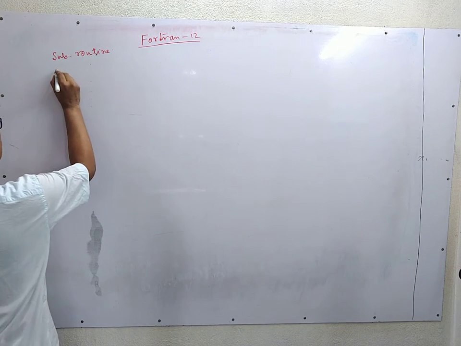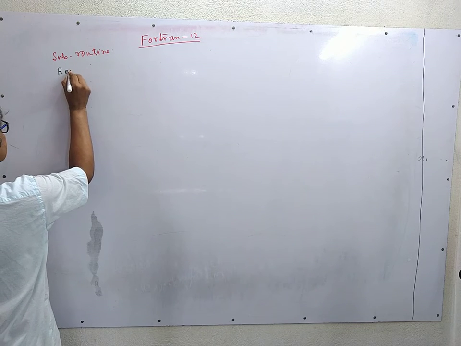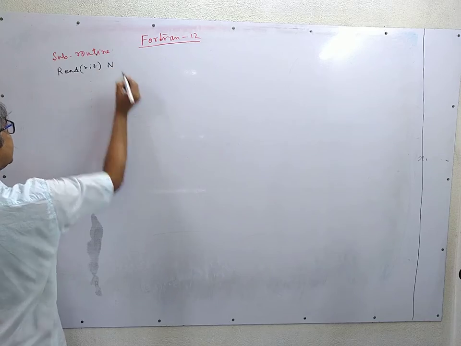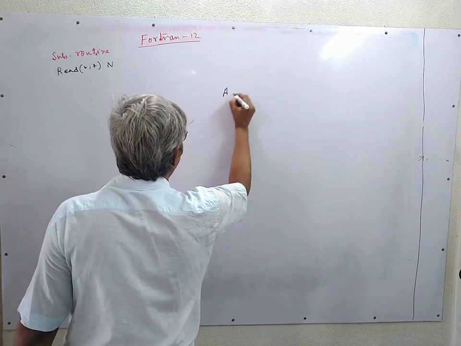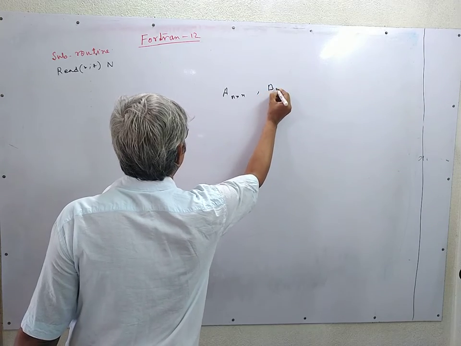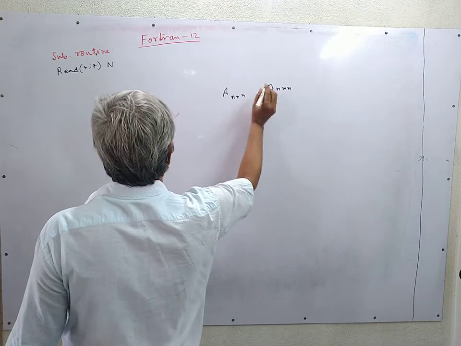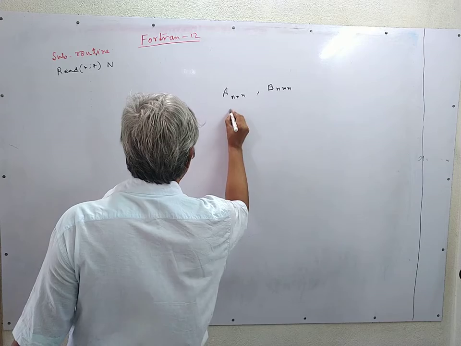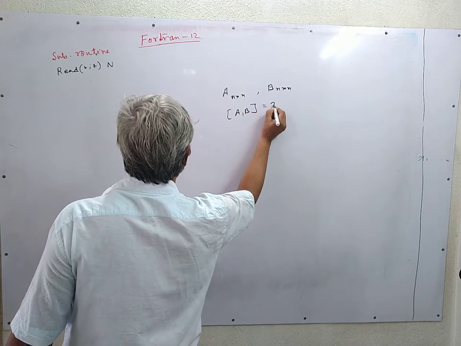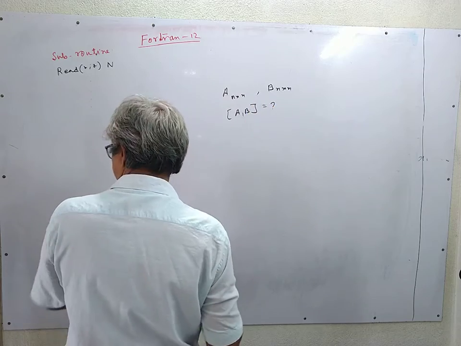Firstly we read the dimension of matrix n. So we are considering two matrices, A n cross n, another matrix B n cross n, and our aim is to calculate the AB commutator. Is this 0 or not?